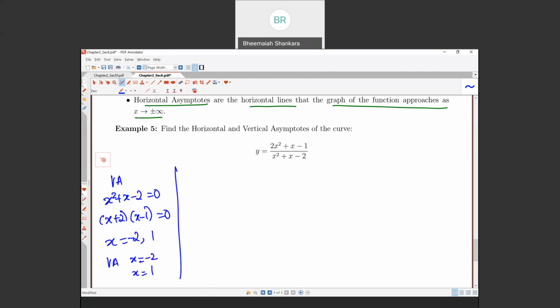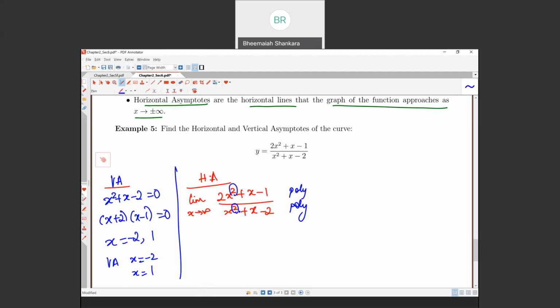Now the calculations for the horizontal asymptote. We discussed the limit as x approaching infinity of (2x squared plus x minus 1) divided by (x squared plus x minus 2). You see that both the numerator and the denominator are polynomials. You also carefully read the degree of the polynomials. They are the same.